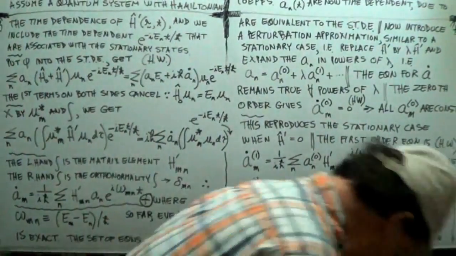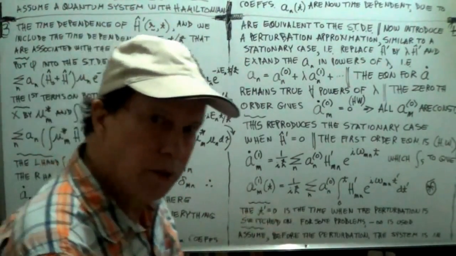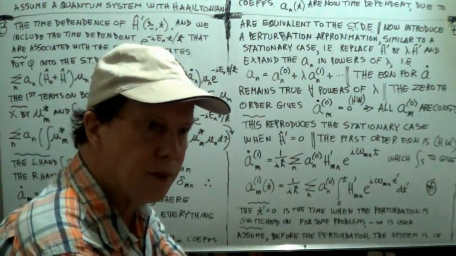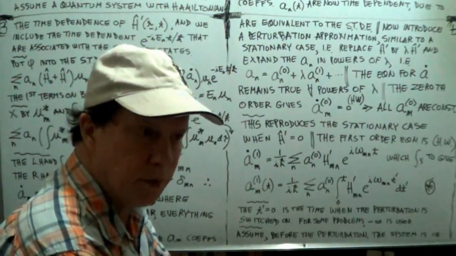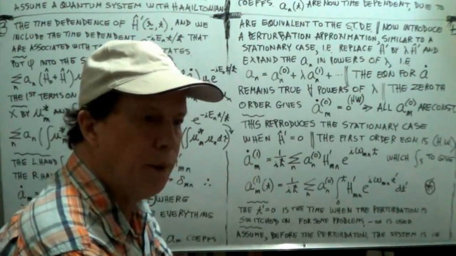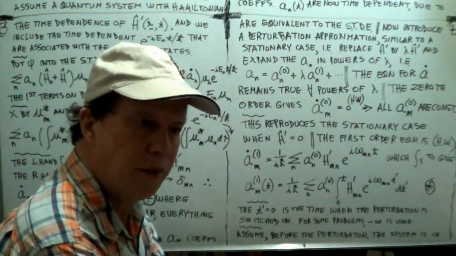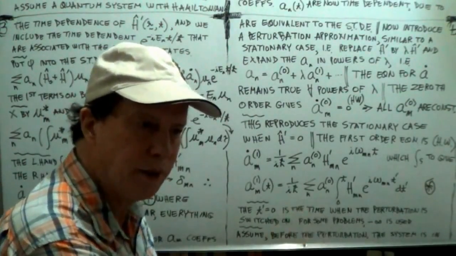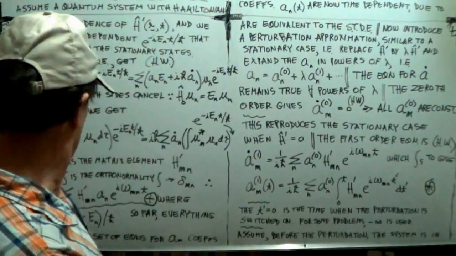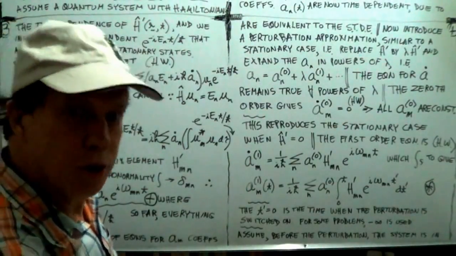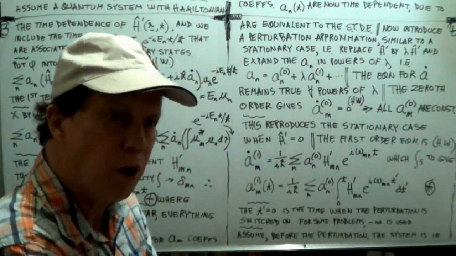Okay, for the second half of this session. Now that equation we got for A dot m is an expression that gives you the rate of change with respect to time, d by dt of am, the mth coefficient in your psi, psi being a function of r and t.